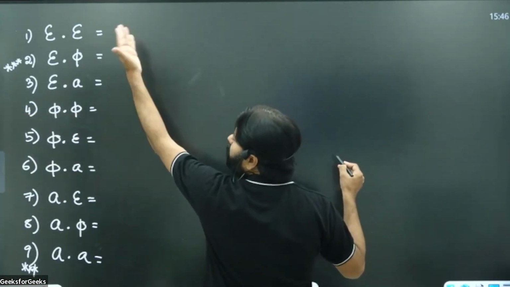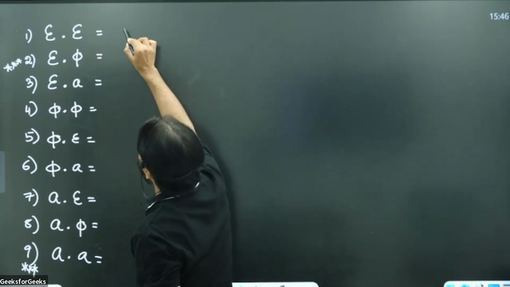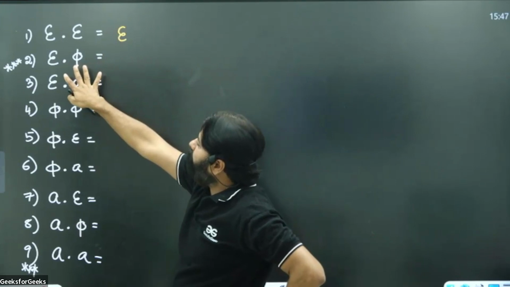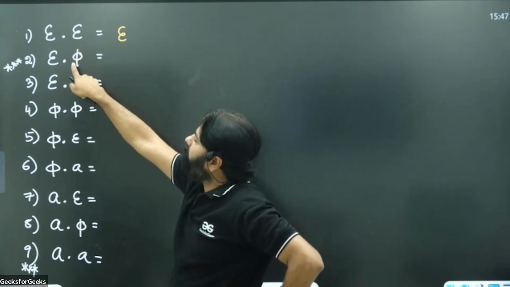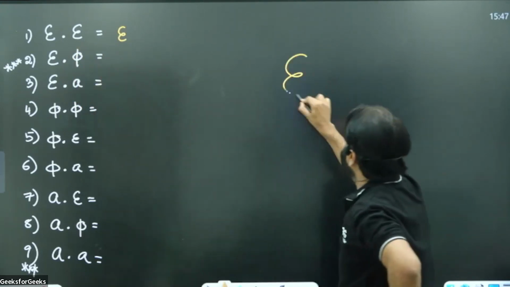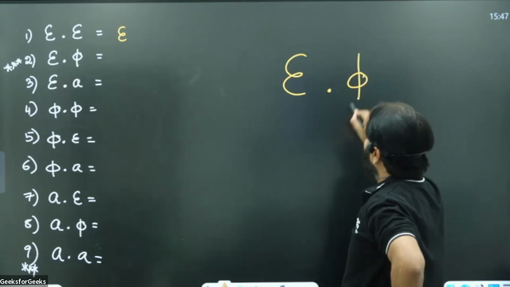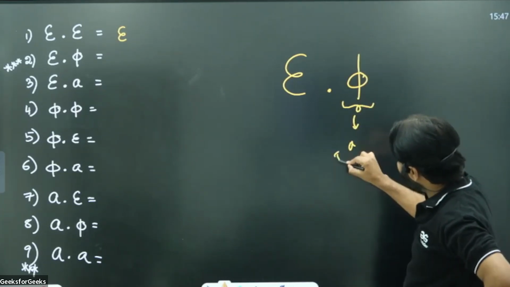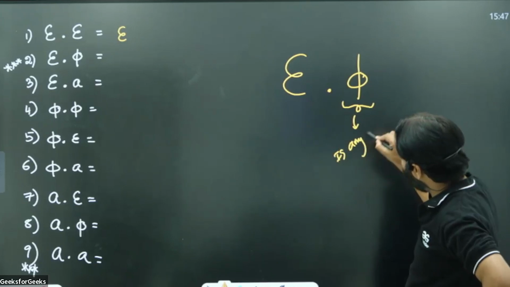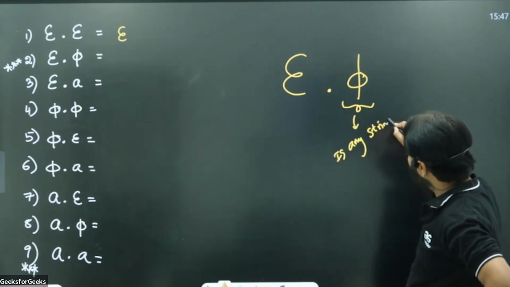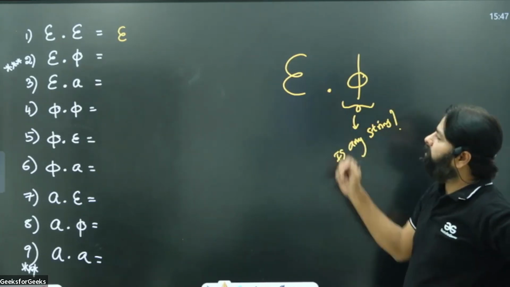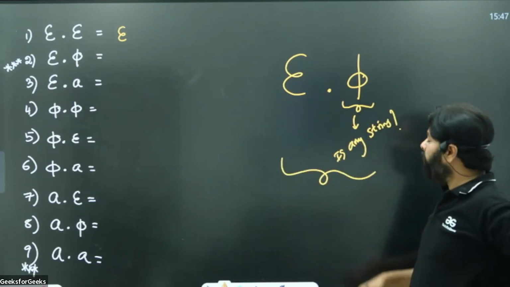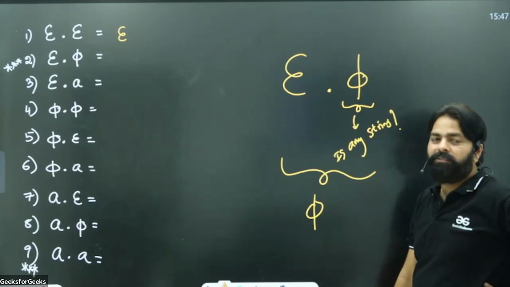Epsilon followed by epsilon means zero symbols followed by zero symbols. What will you get? Zero symbols only. And the problem with pi is, can you get any string from epsilon dot pi? Is there any string possible? Here epsilon is there, here no string is there. How will you get a string from this? Impossible to get a string from this.